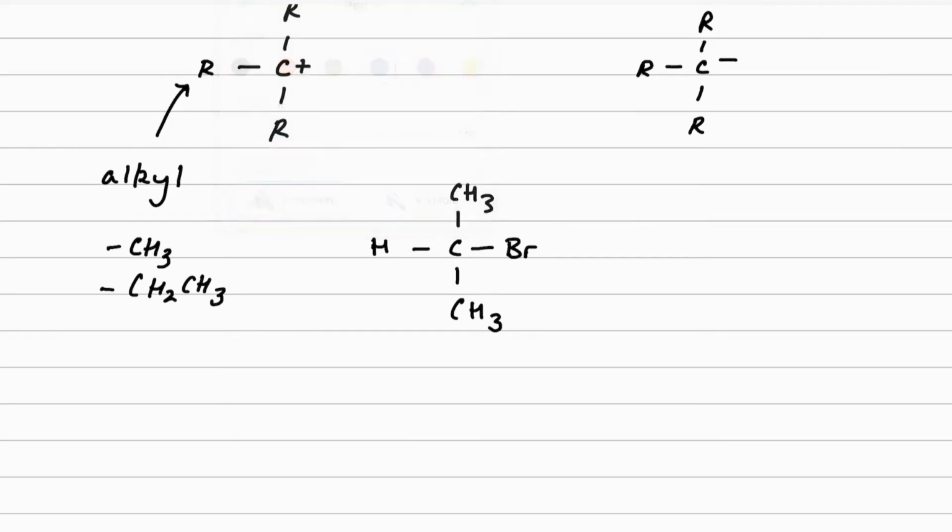In heterolytic bond fission, both the shared electrons in the carbon-bromine bond move onto the bromine atom when that bond breaks. So this is heterolytic bond fission in action.